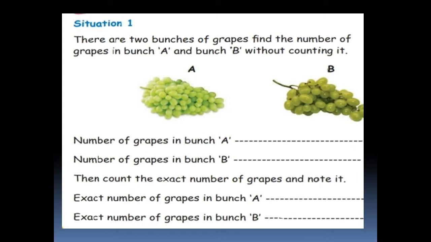By seeing with your eyes you can guess this many grapes will be there in a bunch. That is estimation value. But for the actual value, the exact number of grapes, what do you have to do? You have to count each bunch and then write the answer. This is called estimation and actual value.